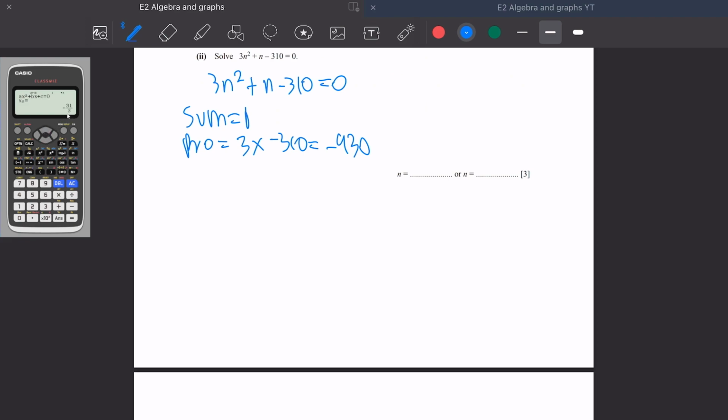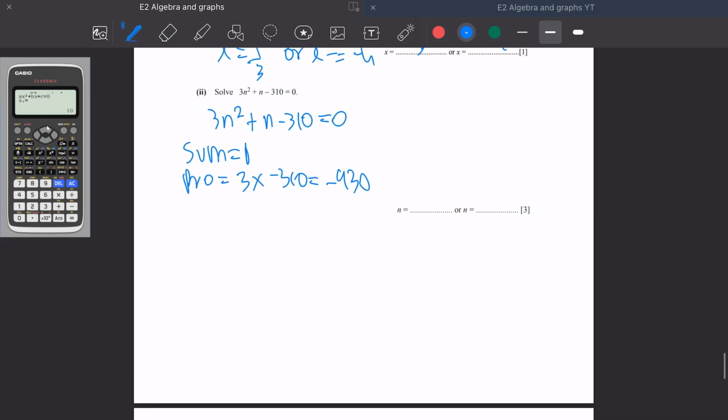So how do you use these values to get the factors? One value for n we got from the calculator is 10 and the other one we got is minus 31 by 3. So you have to bring this 10 to this side. So there comes n minus 10.